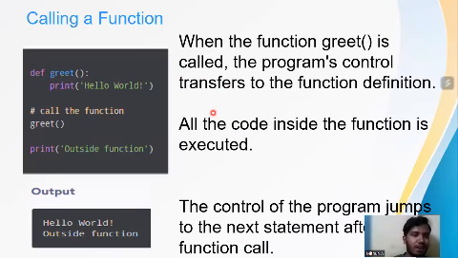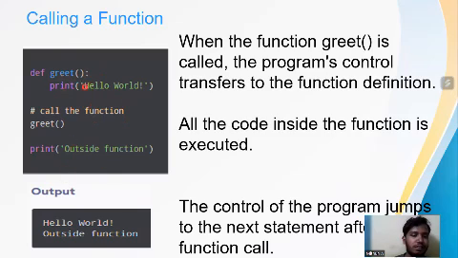Calling a function: when the function greet is called, the program's control is transferred to the function definition. So all the code inside the function is executed. Here in this example we have given def greet and print hello world.